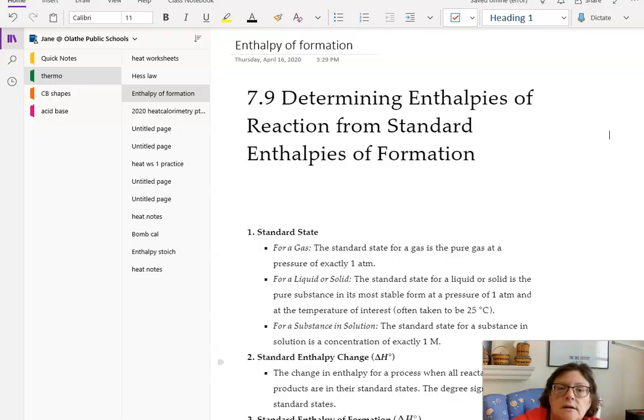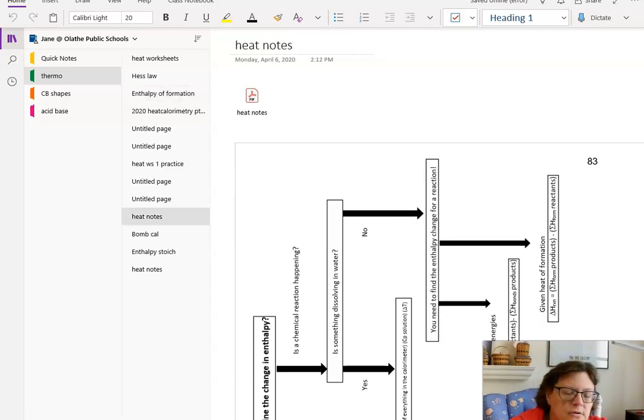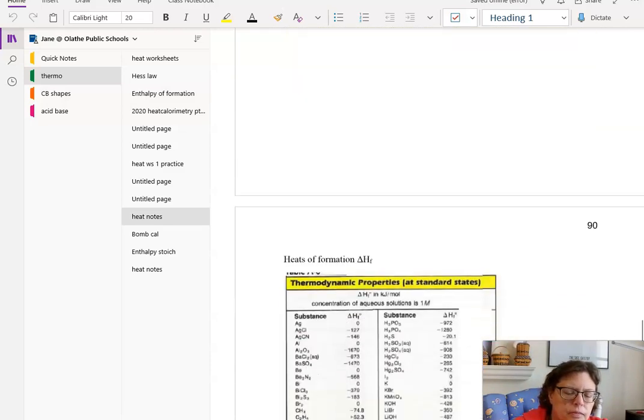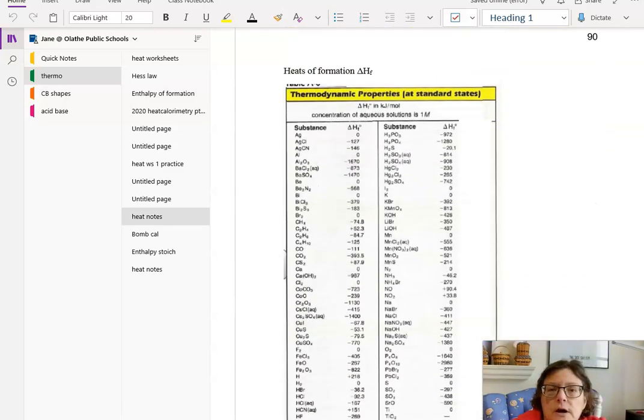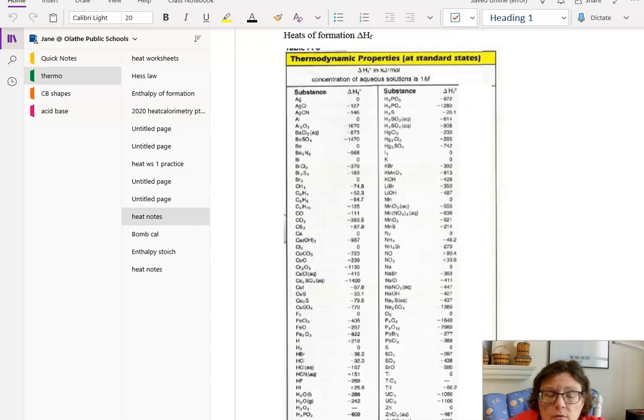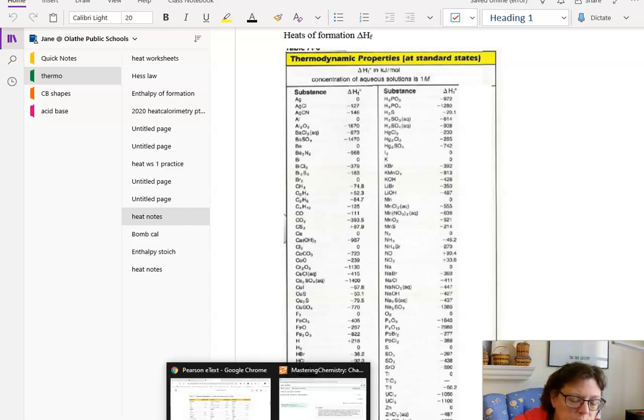So that table, there is a very shortened table in your note packet that I've sent you virtually. There's a table in the back of the textbook.